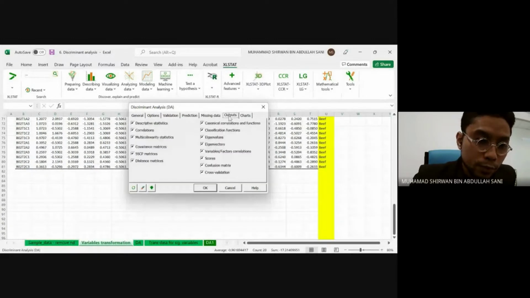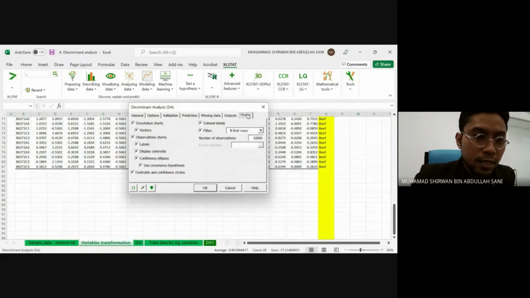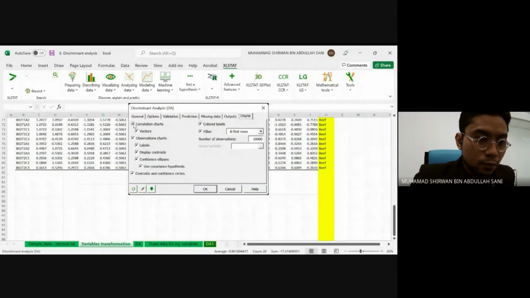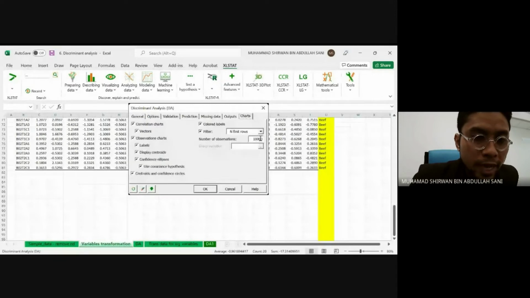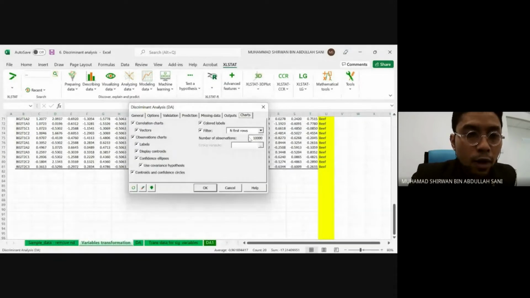And then for outputs, click each box. Klik je semua. And for charts, you have to click all of it. Semua click. And then for number of observations, you put 10,000. Okay, why is this important? Yang ni penting.